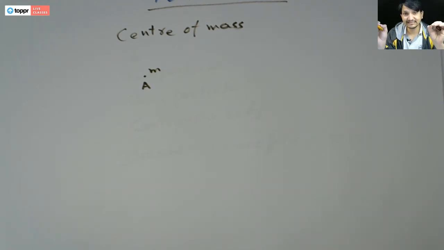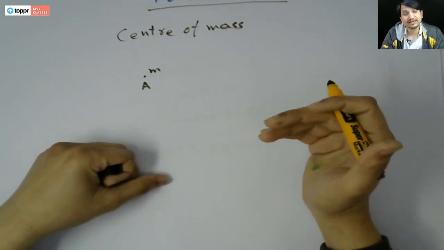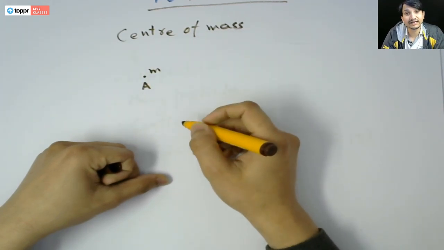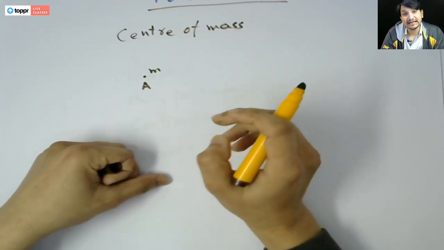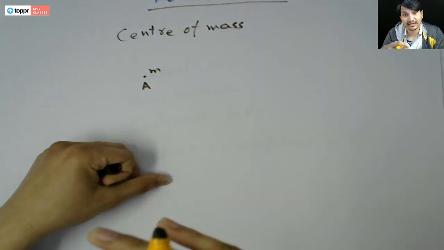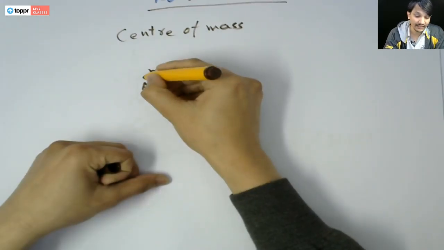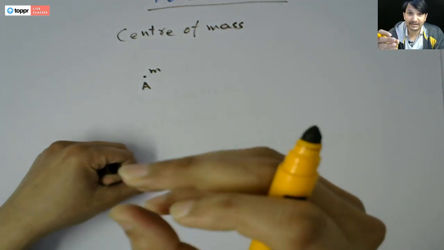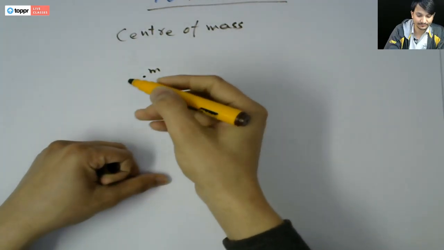But such things seldom happen. We often get bodies with large volumes which are not confined to a single point. The question is, why do we assume that a body is confined to a single point? That's because it makes calculations easier. So in the basic part of mechanics, in kinematics, we have used this thing, that a body is a point mass, or a body is located at a point.